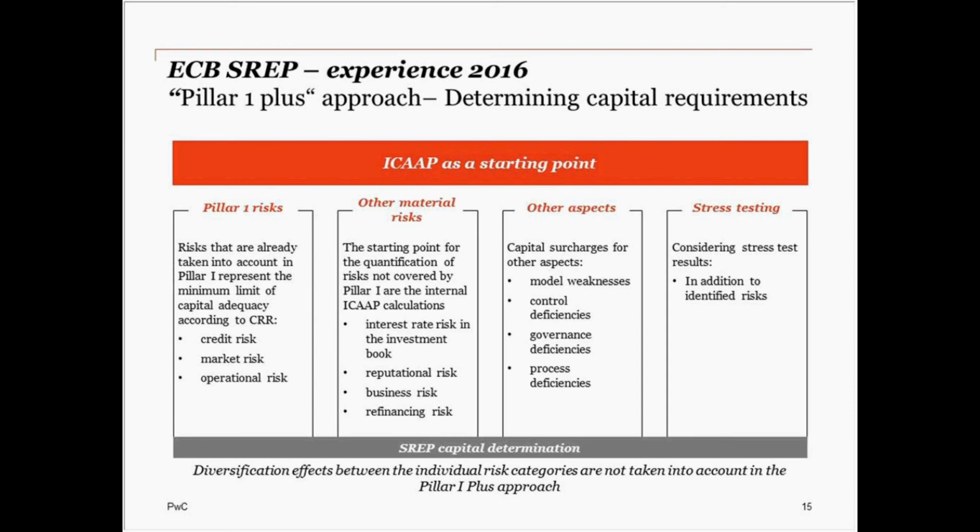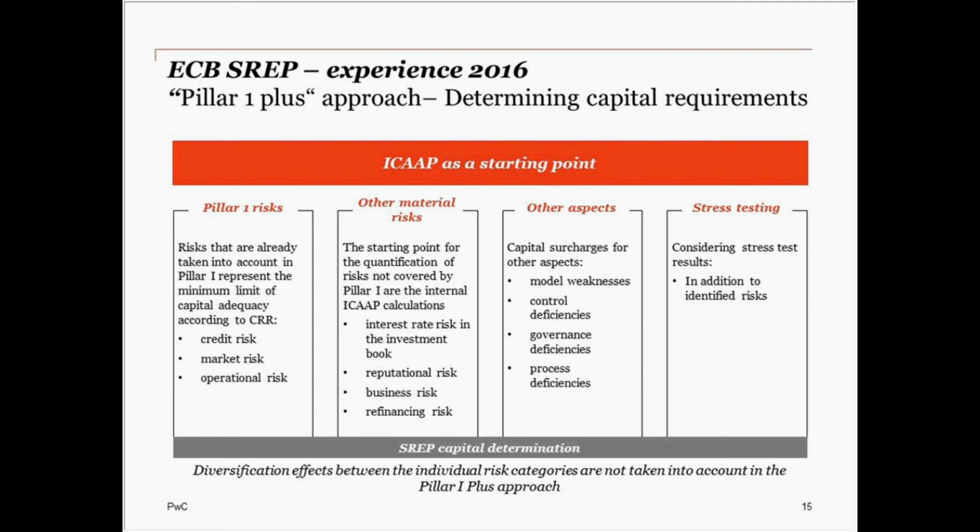As a general matter, for the Pillar 1 Plus approach, the ICAAP is a starting point, so the supervisors would first look into the bank's ICAAP. They would then look into the risk profile of that bank as determined by the ICAAP, but they would also assess the quality of the ICAAP.